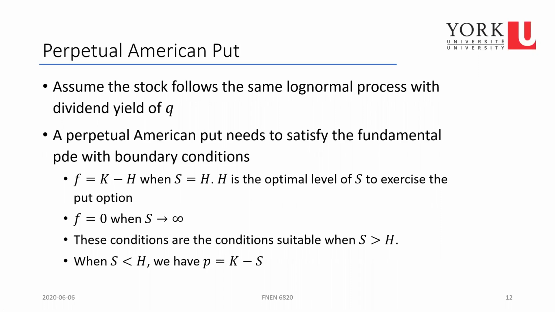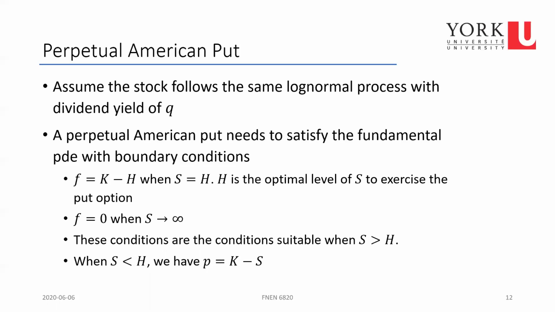Given that it's an American put, it does make sense to exercise it earlier. And so, as soon as the stock price is lower than that H, we should exercise.